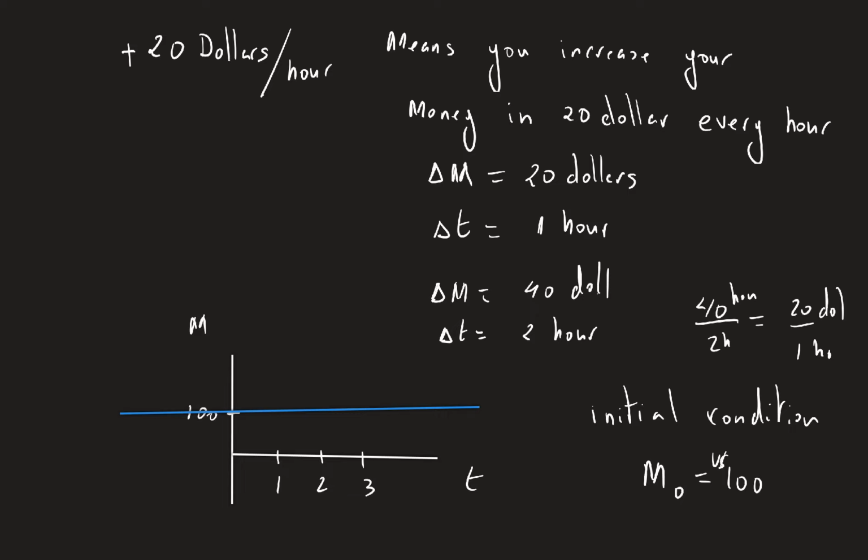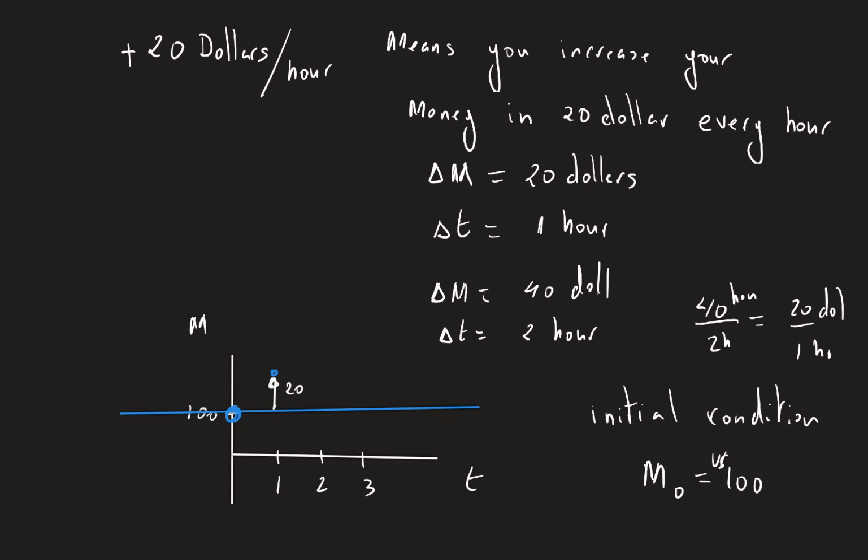This is the level of $100. But at t equals 1 hour, you are earning $20 per hour. So you are not here now. In 1 hour, you will be here, and the increase in your money will be $20.